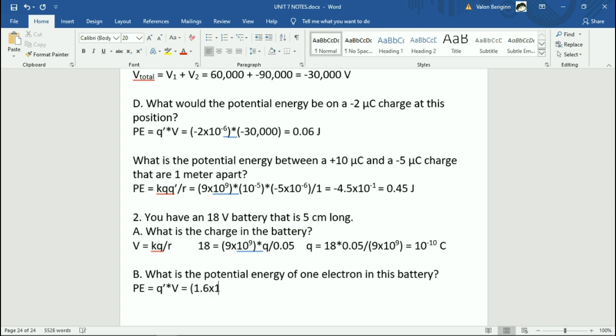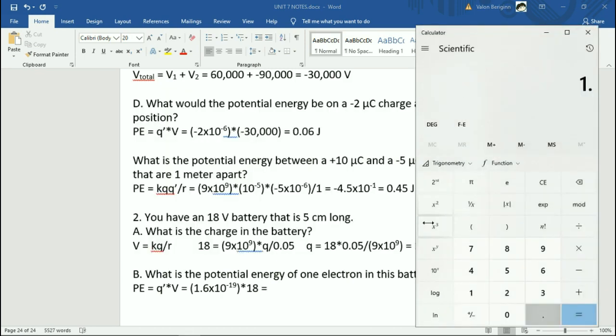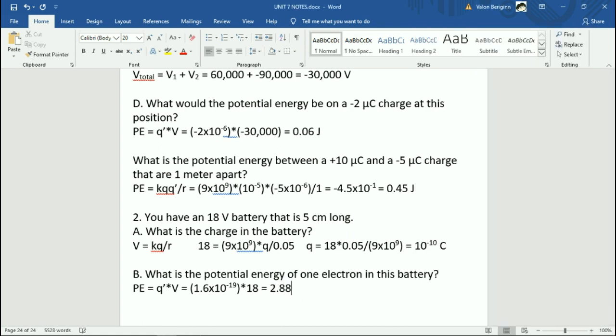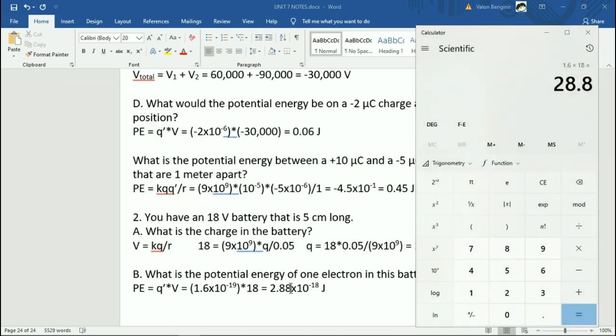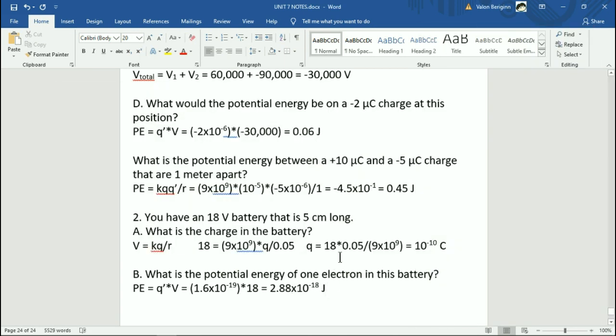And once you get to potential energy, the negative or positive doesn't really matter. That's the charge of one electron times the voltage of 18. 1.6 times 18 gives you 2.88 times 10 to the negative 18 joules. That's my potential energy for one electron.